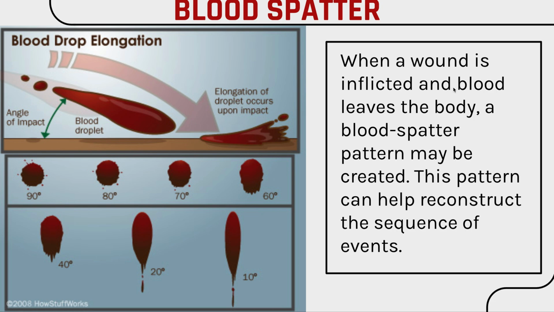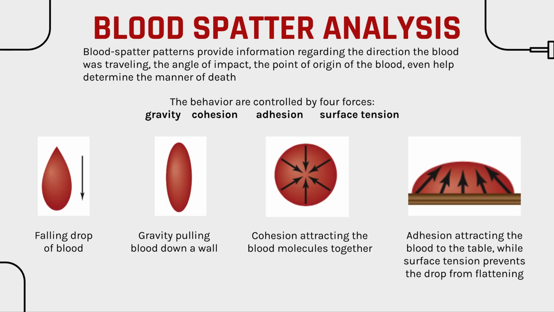When a wound is inflicted and blood leaves the body, a blood spatter pattern might be created. This pattern can then help reconstruct the sequence of events. Looking at this pattern, we can look at angle of impact, elongation, direction, and common direction. So there's a lot of different information we can get from blood spatter.